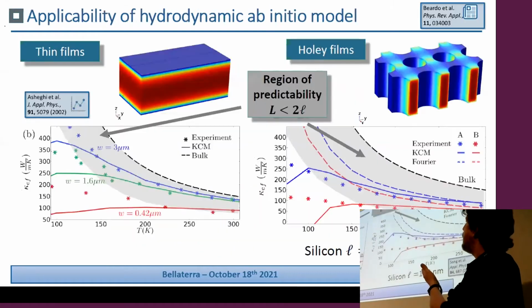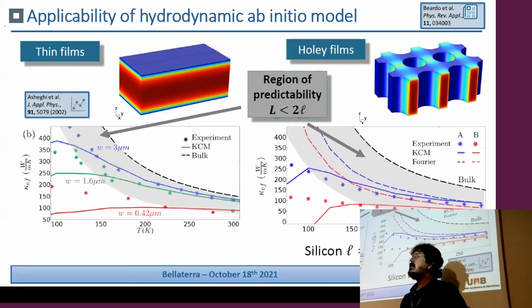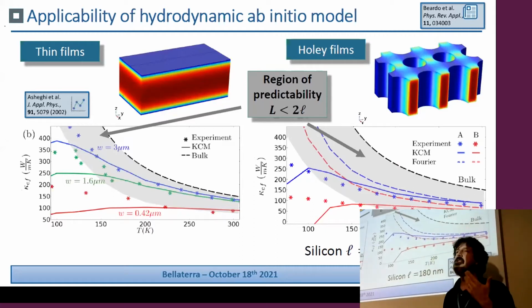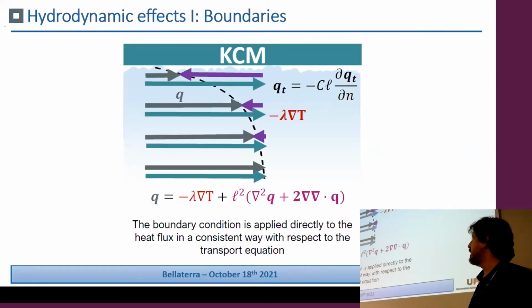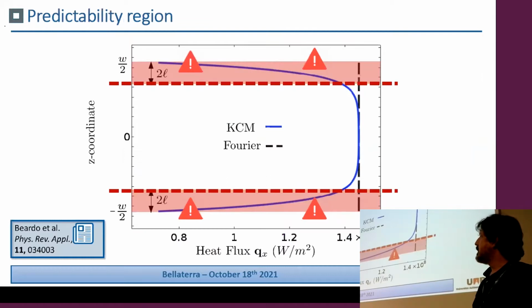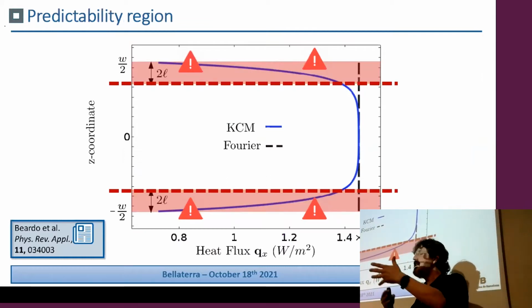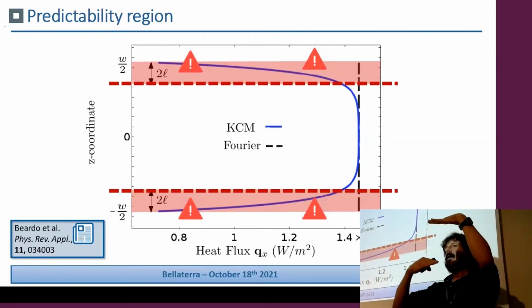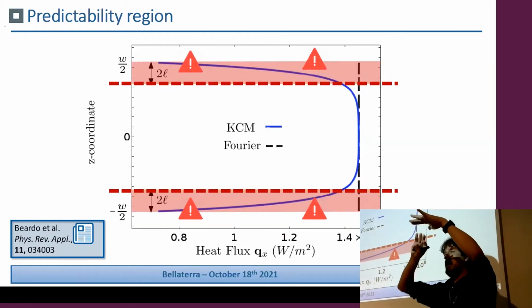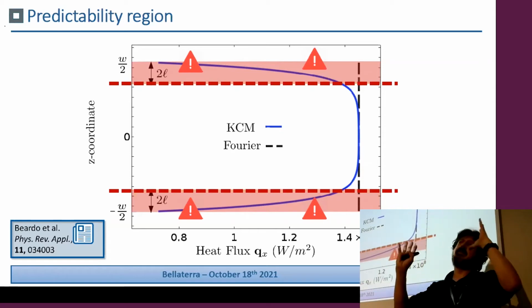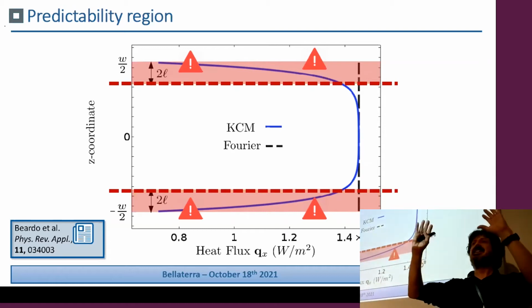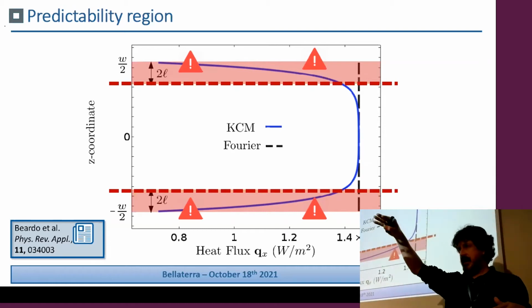Well, let's go back. Why do we lose the predictability of our model? We also have an intuition of why. L gives you the size of this boundary layer, the region of your material that is noticing the boundary scattering.